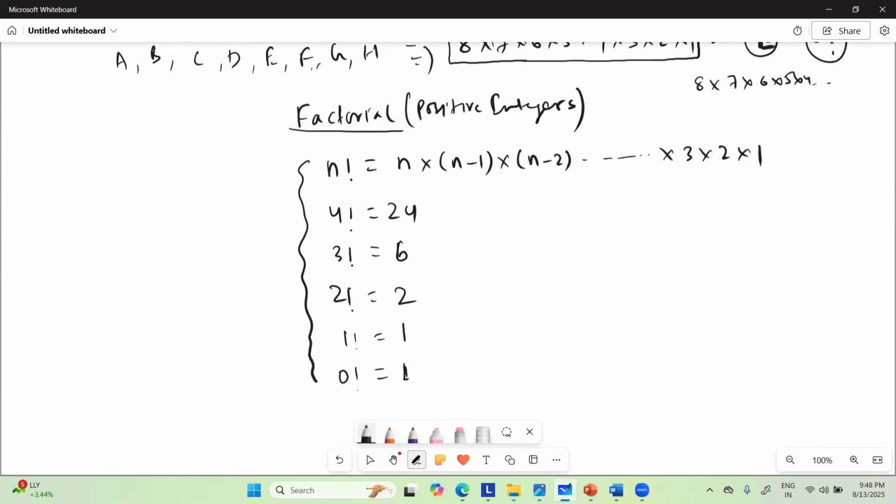We'll discuss this later, but there is no need now. You just need to remember, if there is 0 factorial anywhere, it will be 1.